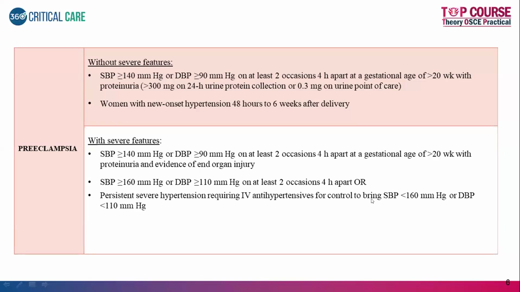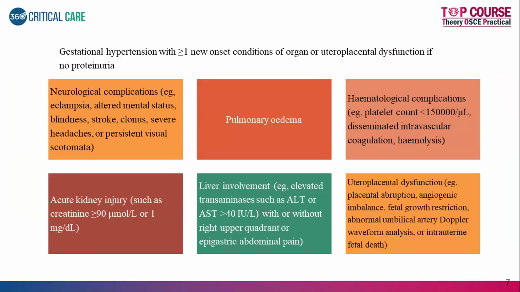This is with severe symptoms: end organ failure, severe symptoms, or your BP more than 160 by 110. That is severe features. This is the preeclampsia definition.